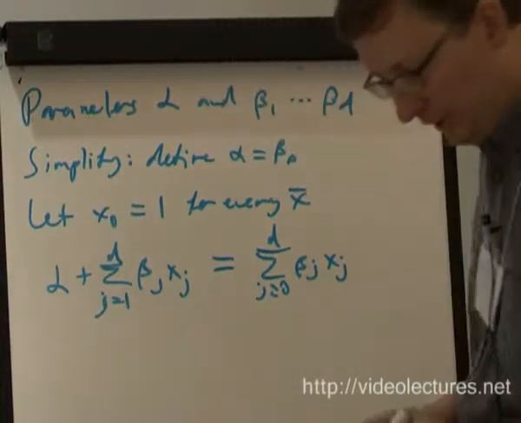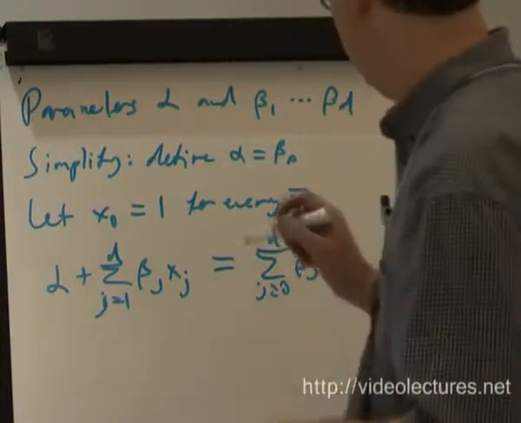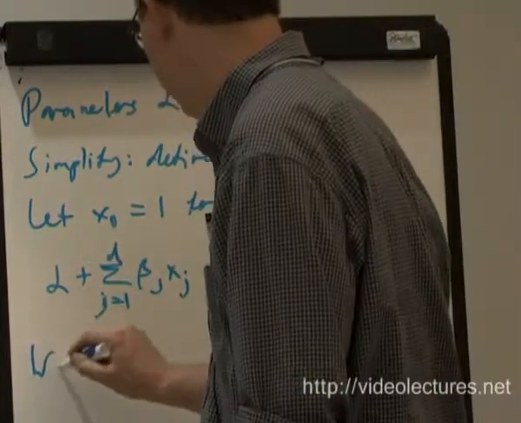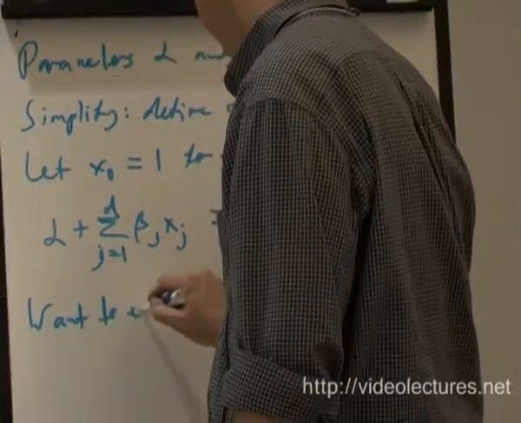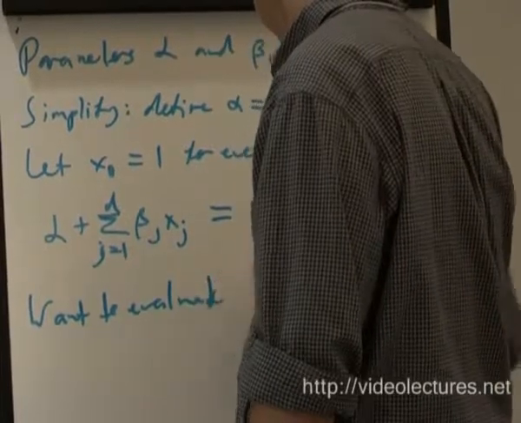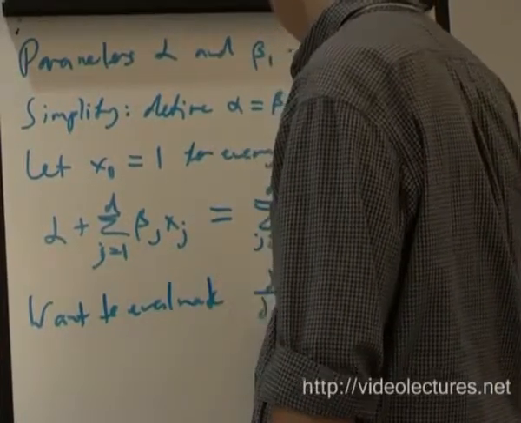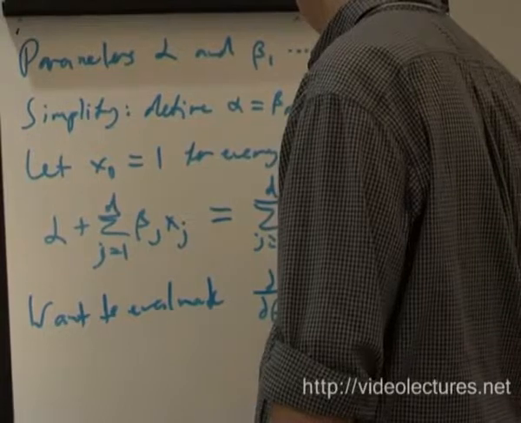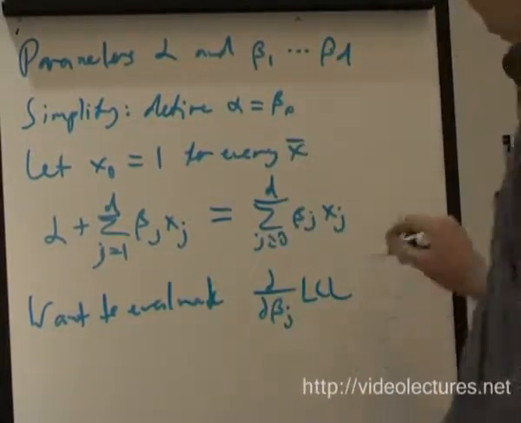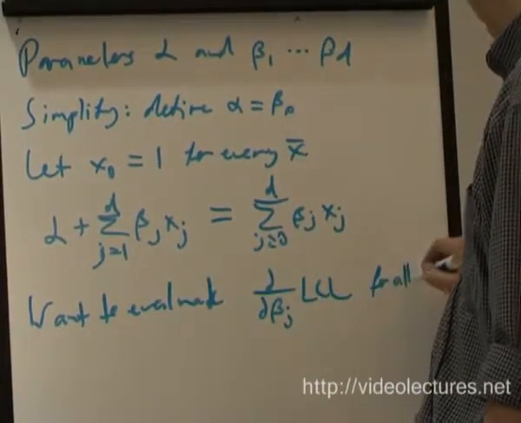Okay, so now I want to evaluate d by d beta j of the log conditional likelihood for all j.